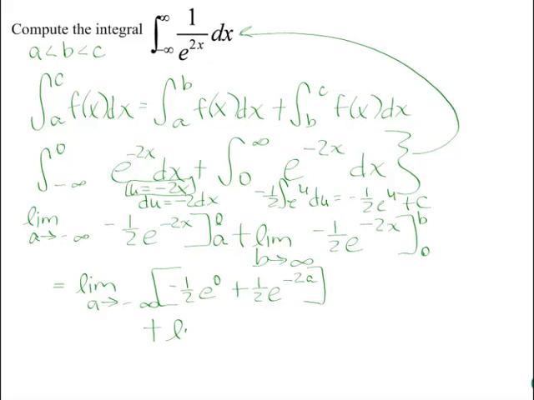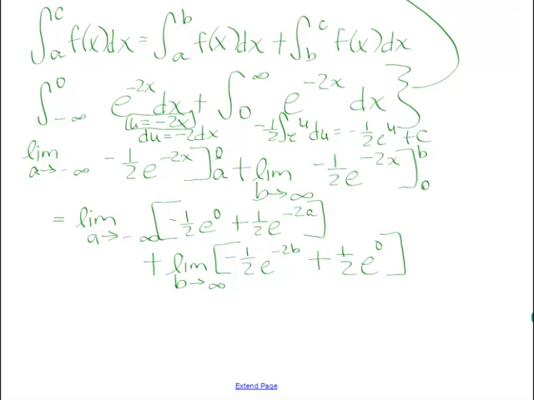I'm going to add to that the limit as b approaches infinity of negative 1/2 e to the negative 2b minus negative 1/2 e to the 0. So now let's take a to negative infinity.